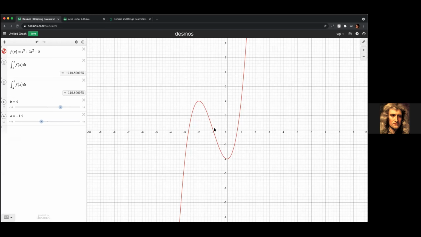But what you're able to see is if we have an integral from any b to a, and the same integral of f of x from a to b, no matter what the bound is, they're going to have opposite signs. So if it's negative 2.5 to 5.2 and 5.2 to negative 2.5, it's going to be the same area, just different sign.